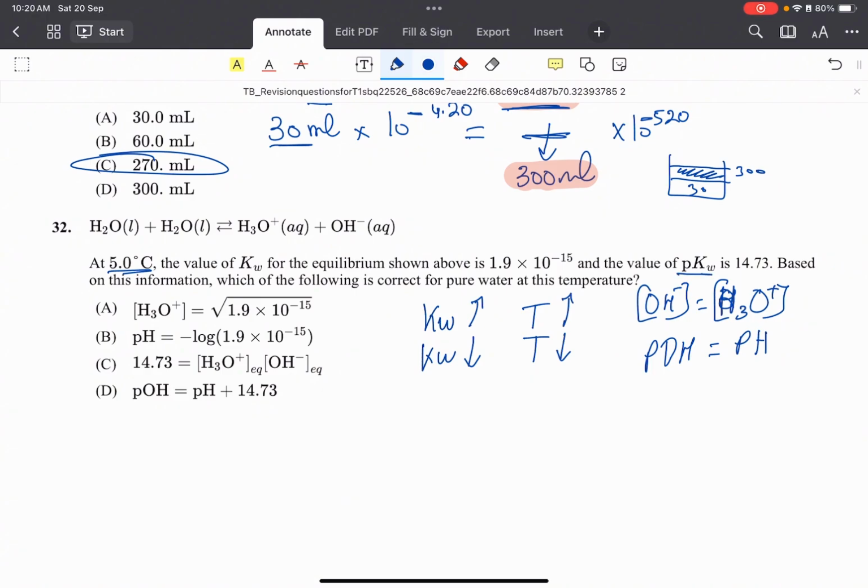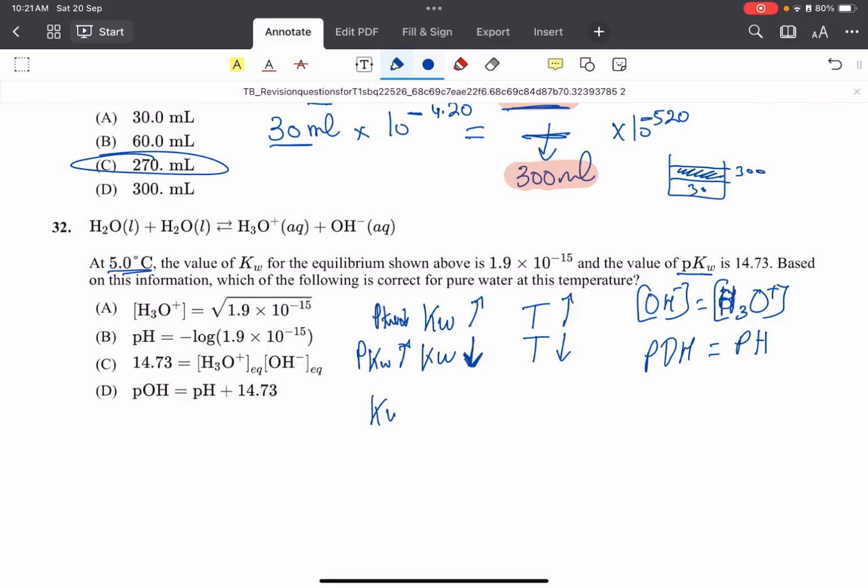Now here they're talking about pKw. So pKw is opposite to Kw. As Kw increases, pKw decreases, or as Kw decreases, pKw increases.